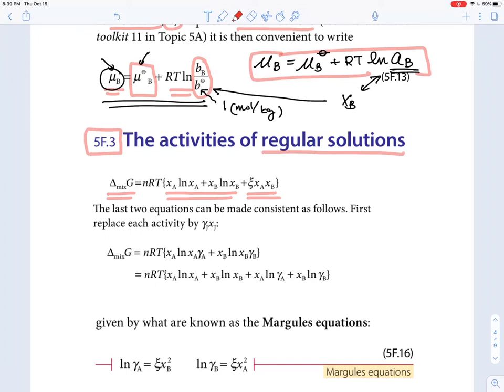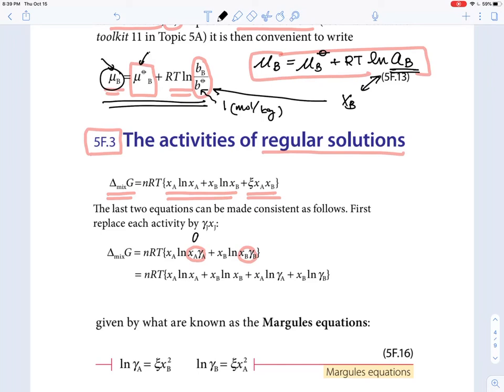is true, but in a way that delta G mix can be described by this. This is essentially what is called the activities, right?